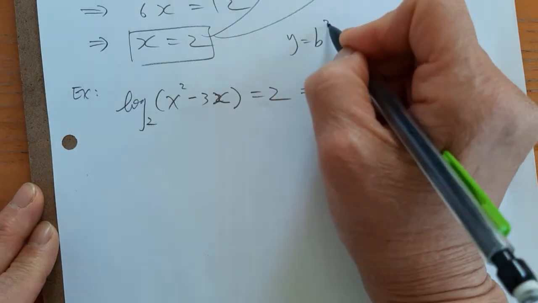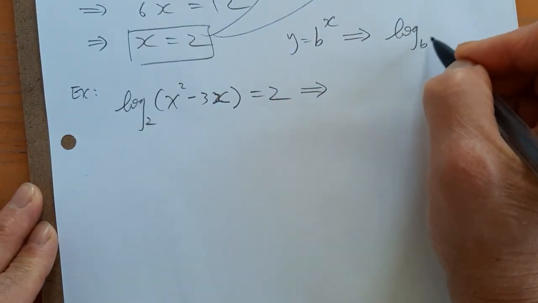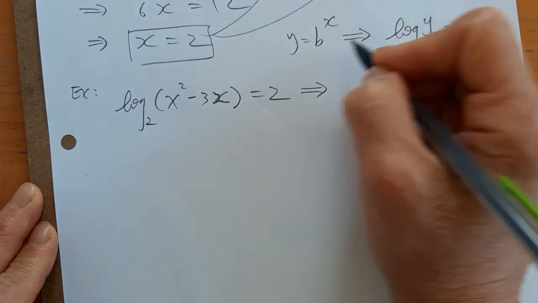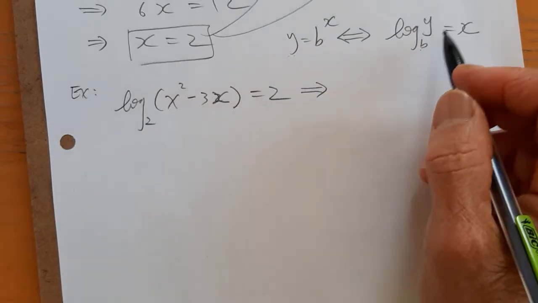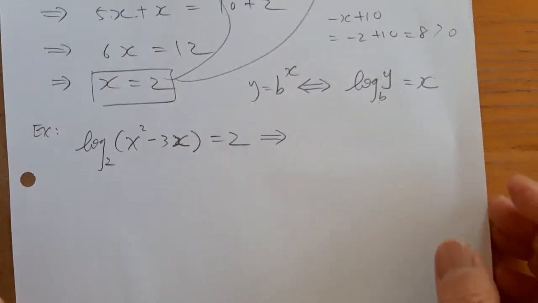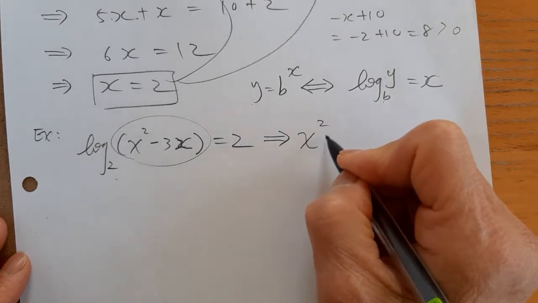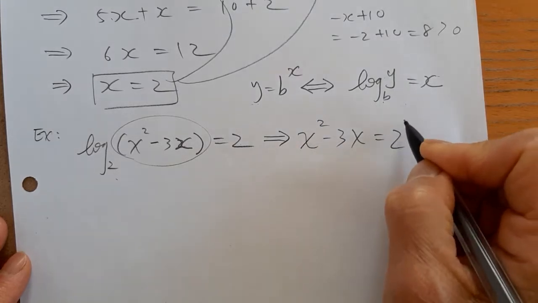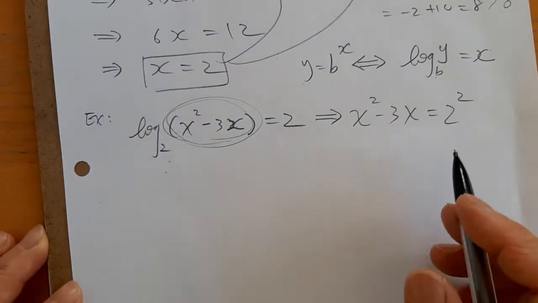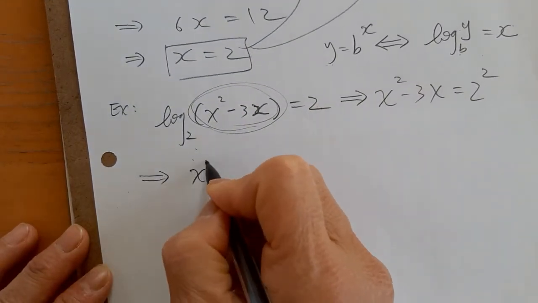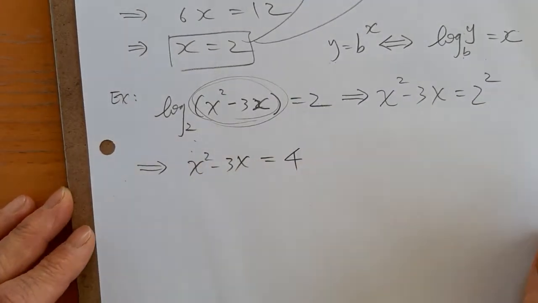Y equals b to the power x is exponential form. Changing to logarithm form is log base b of y equals x. And changing from logarithm form to exponential form is b to the power x equals y. So it's 2 squared equals this argument. So x squared minus 3x equals 2 squared.